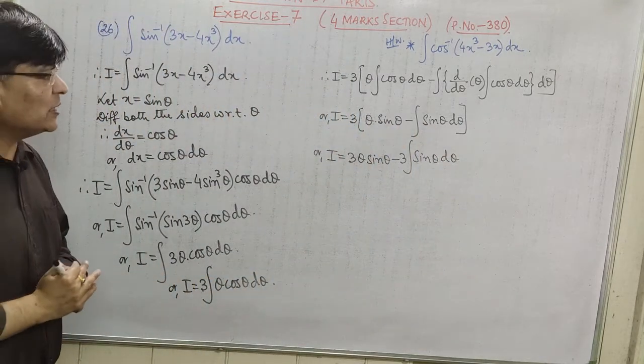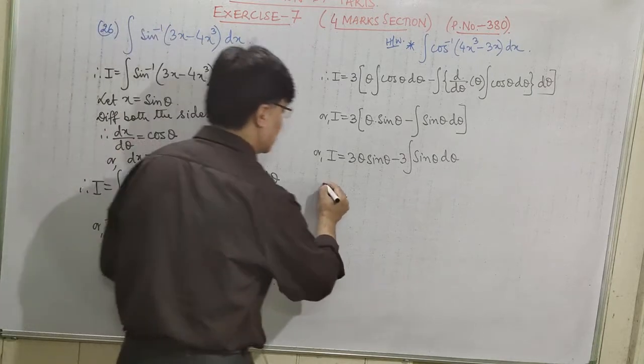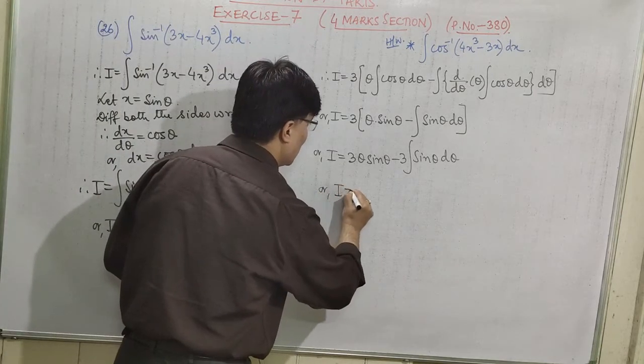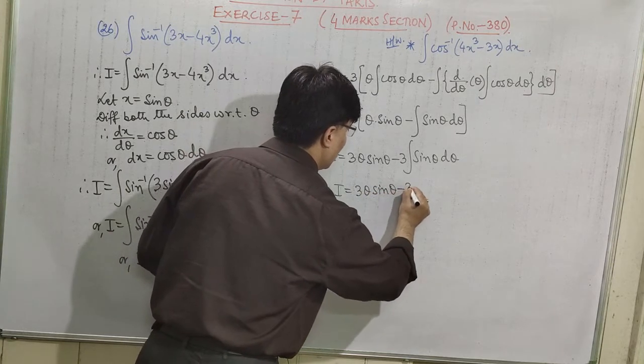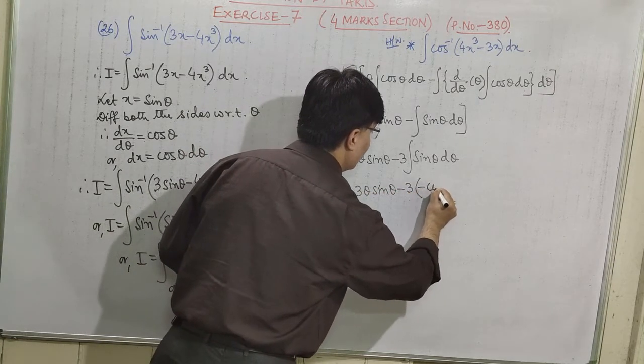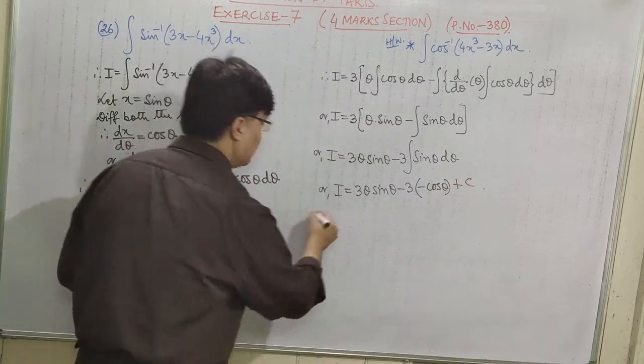Okay. So let us evaluate this integration. What is integration of sine theta? It is minus cos theta, isn't it? So I is equal to 3 theta sine theta minus 3 into minus cos theta plus c.